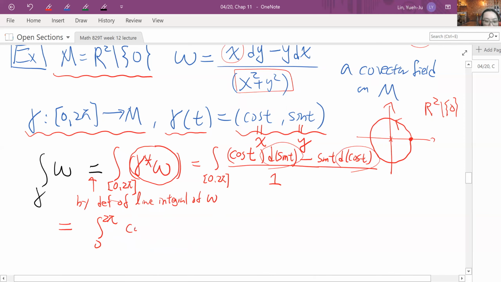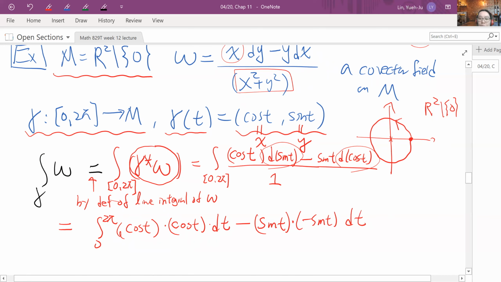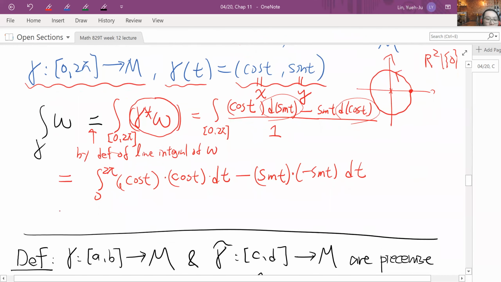So this will have cosine t here, and d sine t will be, I mean, this is just one variable, so take the derivative of sine with respect to t and times dt, right? And I have another minus sine t times the derivative of cosine, that's minus sine, dt. So you can see now this is the usual integral over R from 0 to 2π.